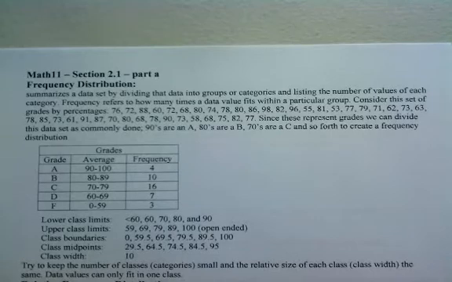Note that our class midpoints are not halfway between, say, the lower limits. So it's not halfway between 70 and 80 and halfway between 80 and 90. It only involves the boundaries of a particular class and not what's in the next class. And then we have our class width, and please note that regardless of what you look at, if you looked at the lower class boundaries, you could see 60, 70, 80, 90.